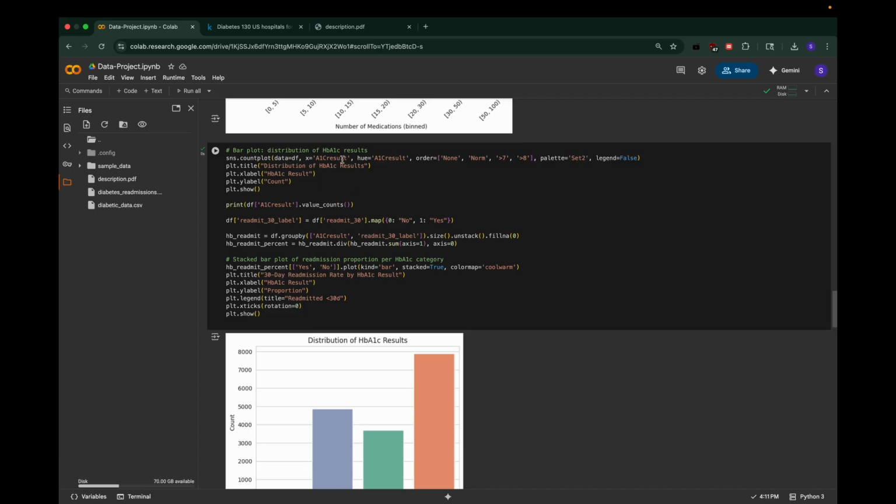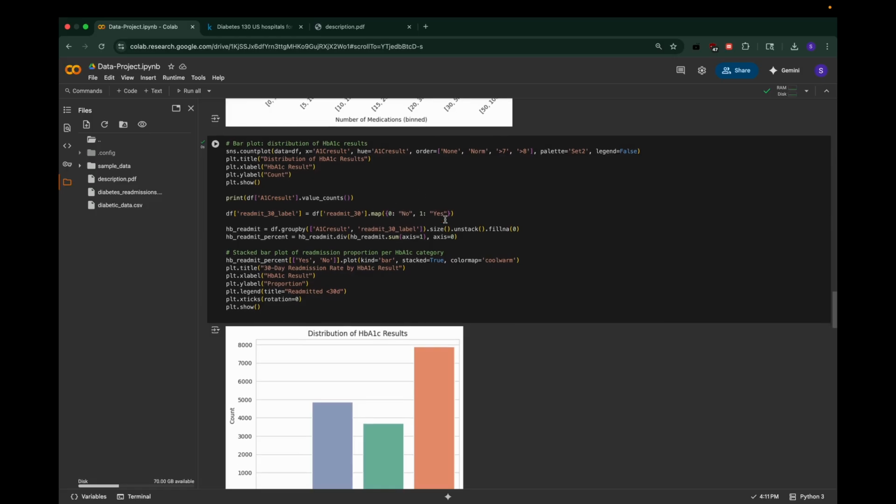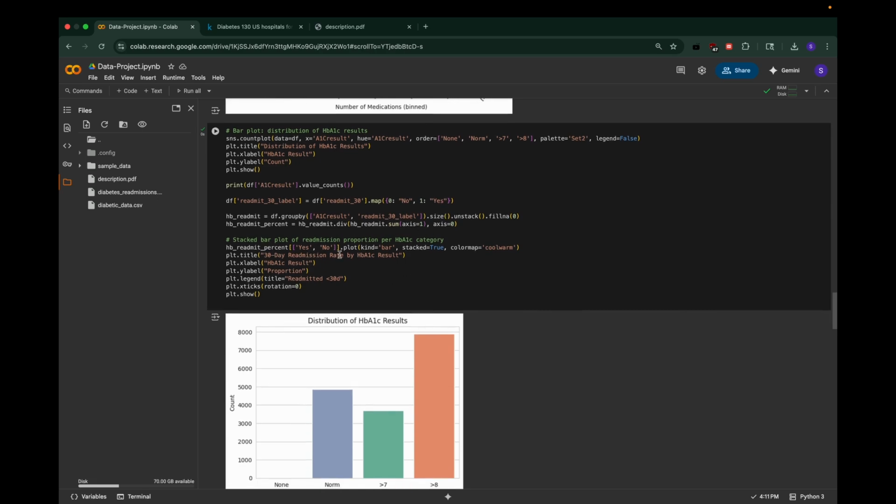I created the chart here, and I converted the binary targets, 0 and 1, into readable strings, yes or no, for visualization. Then I revealed how likely a patient is to be readmitted given their HbA1c results.